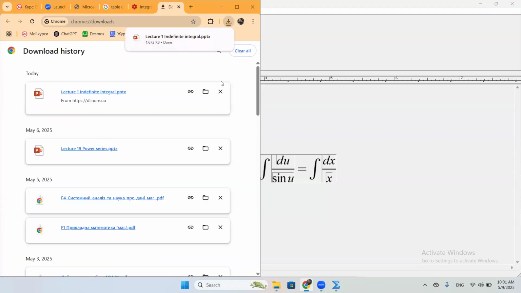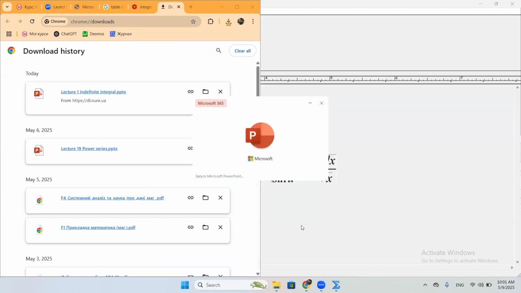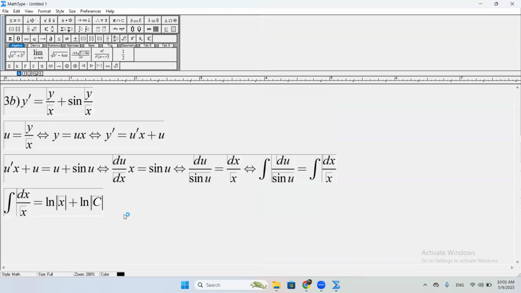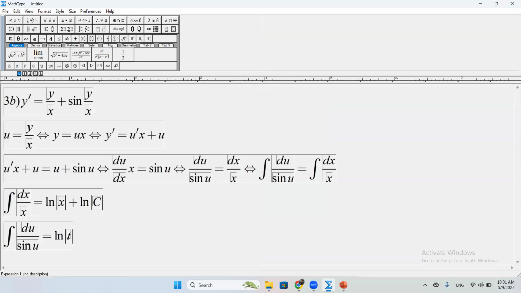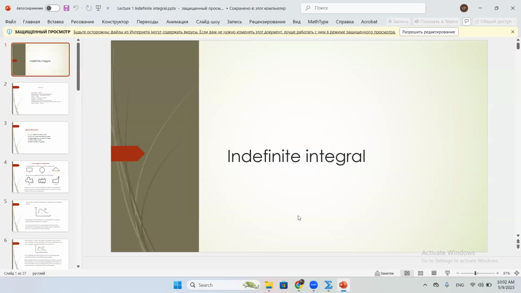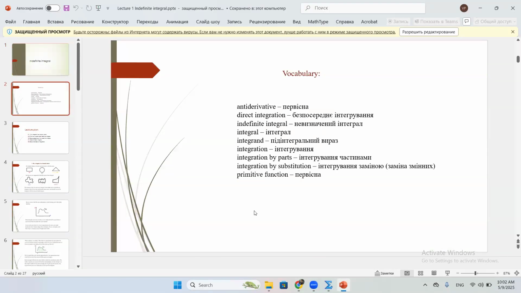I remember that, if I'm not mistaken, it is logarithm of tangent of x over 2, but really not sure. So it's a good idea to double check.